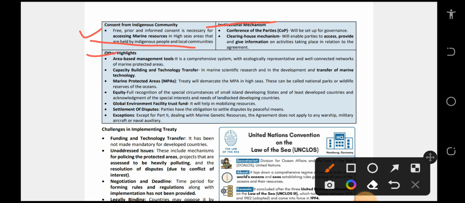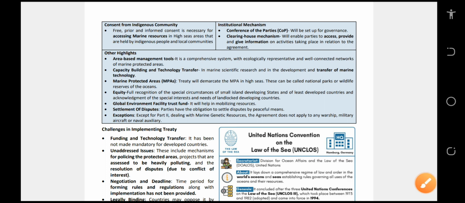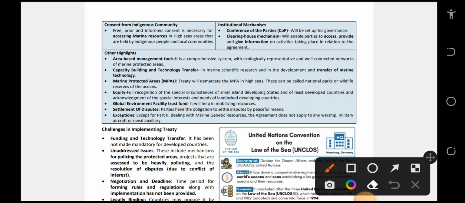Another highlight is area-based management tools. What is an area-based management tool? It is a comprehensive system, an ecologically representative, well-connected network of marine protected areas. Next, capacity building and technology transfer.